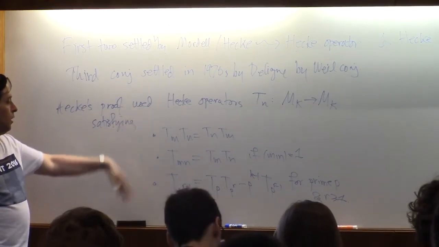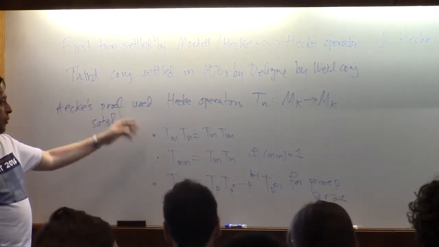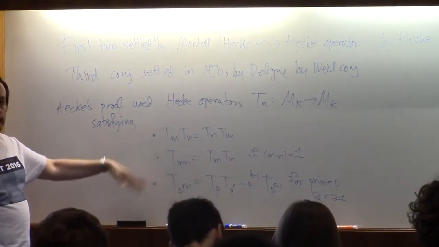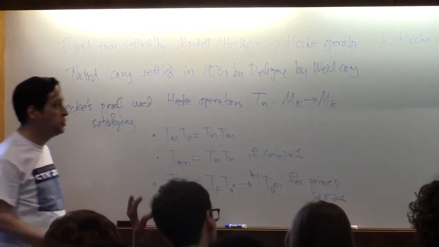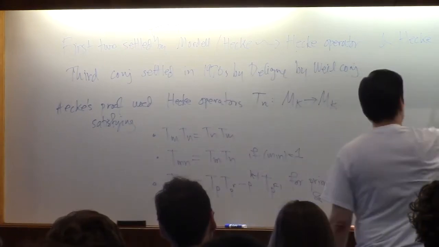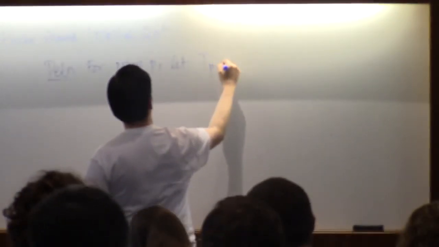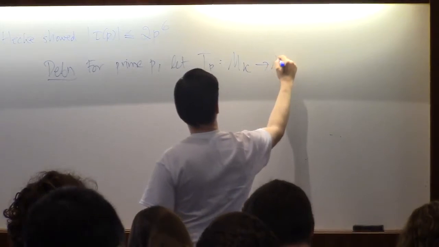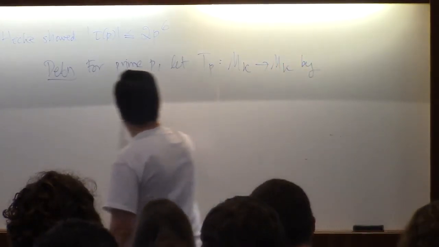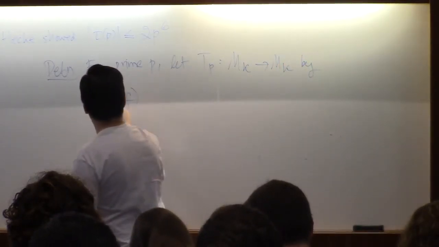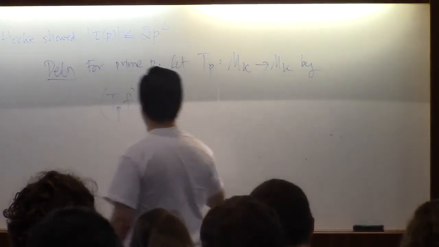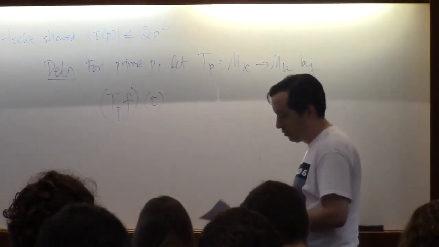So in theory, if you understand the Hecke operators indexed by primes, you can get all the rest. So I'm just going to tell you what the pth Hecke operator is for primes. For prime p, let Tp map Mk to Mk by the following formula. Give me a modular form, f. Tp f will be a new modular form.